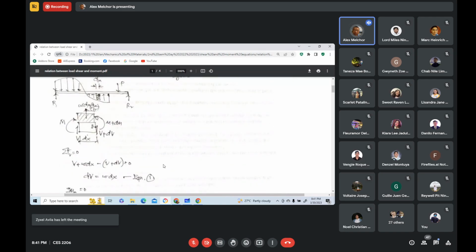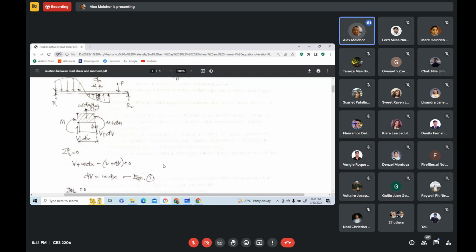Here, because this is an equilibrium condition, we can force the sum of vertical forces equal to 0: V plus w dx minus the downward force V plus dV is equal to 0, and V will cancel.